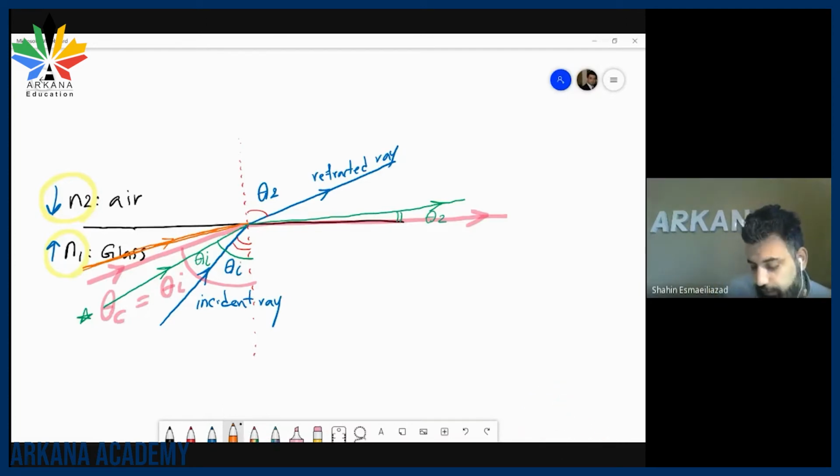And if that happens, we're going to just basically face a total reflection. So the light ray not only is not going to be able to escape, but also suddenly starts following the rules of reflection, which is theta I equals theta R. Actually, I must.